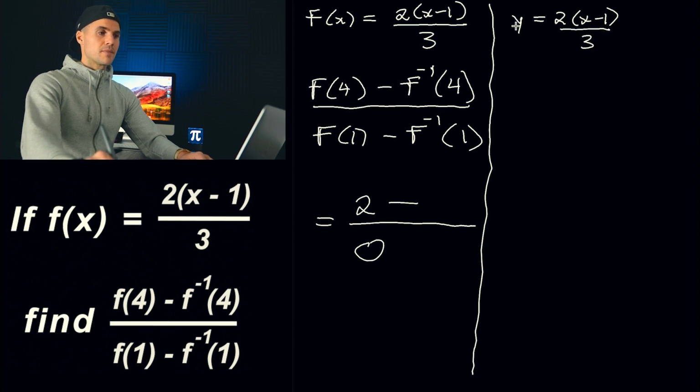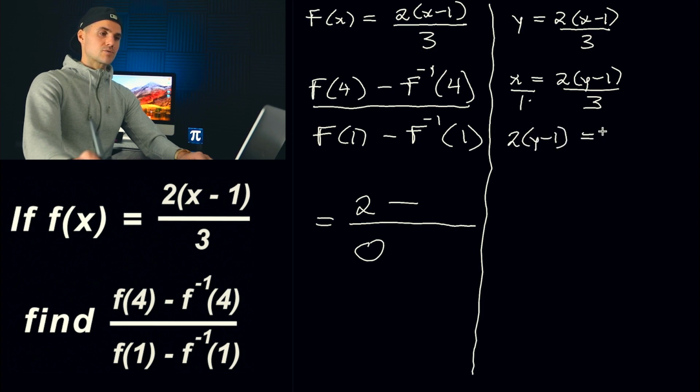That's the original function. You interchange the x and y values, and then you isolate for the new y value. Once it's isolated, that's going to be the inverse. To isolate, I'm going to cross multiply. So 1 times 2 bracket y minus 1 is equal to 3x.